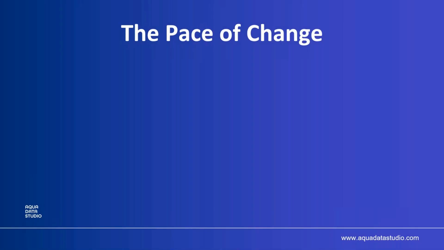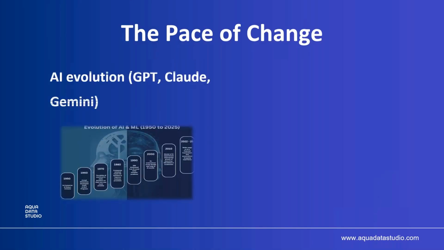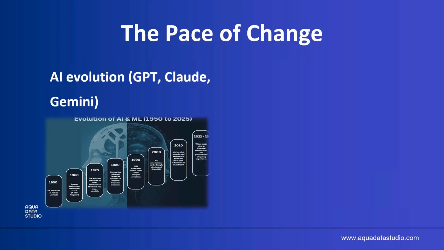So this next slide highlights just how fast change is happening. And the slide title says it clearly, the pace of change. The clearest example right now is AI. In less than 2 years, we went from GPT 3.5 to GPT 4, then 4.0, now 5.